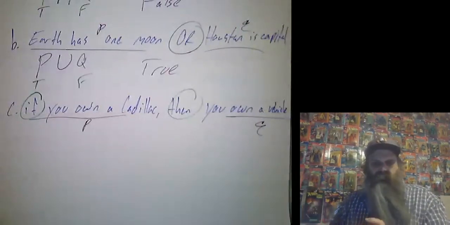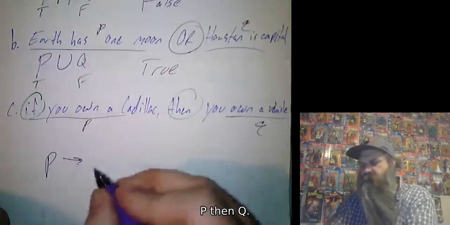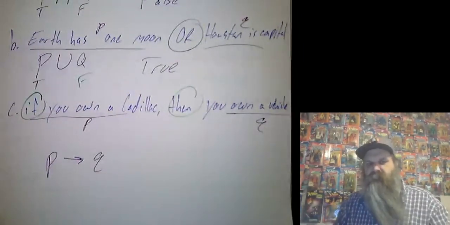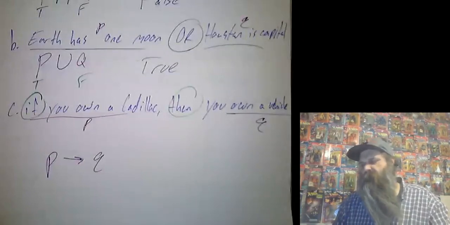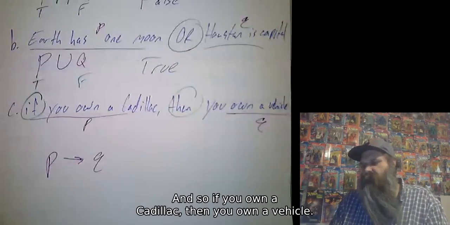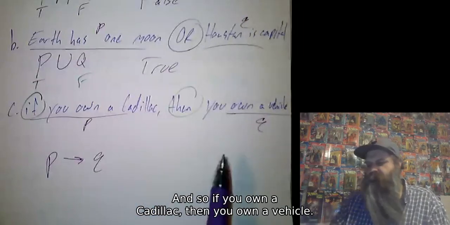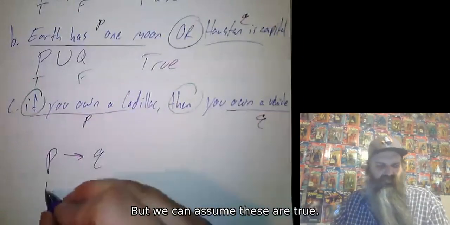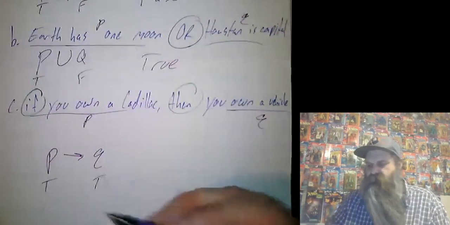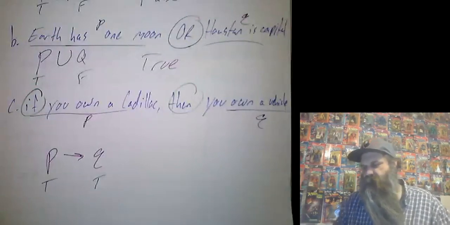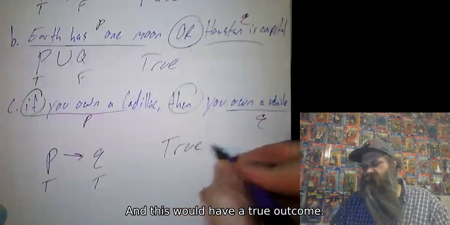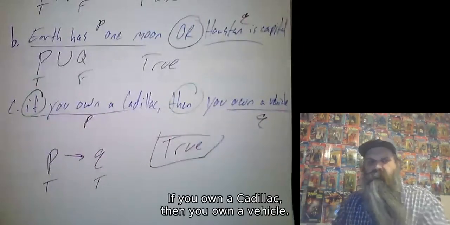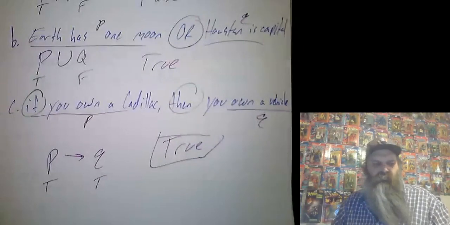So you need to know your if-then symbol, if P, then Q. And so, if you own a Cadillac, then you own a vehicle. But we can assume these are true. And this would have a true outcome, because this is a true statement.